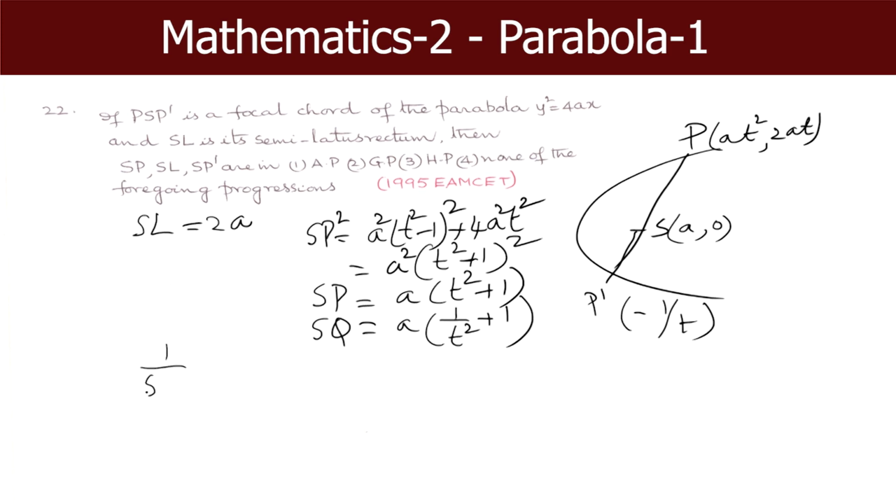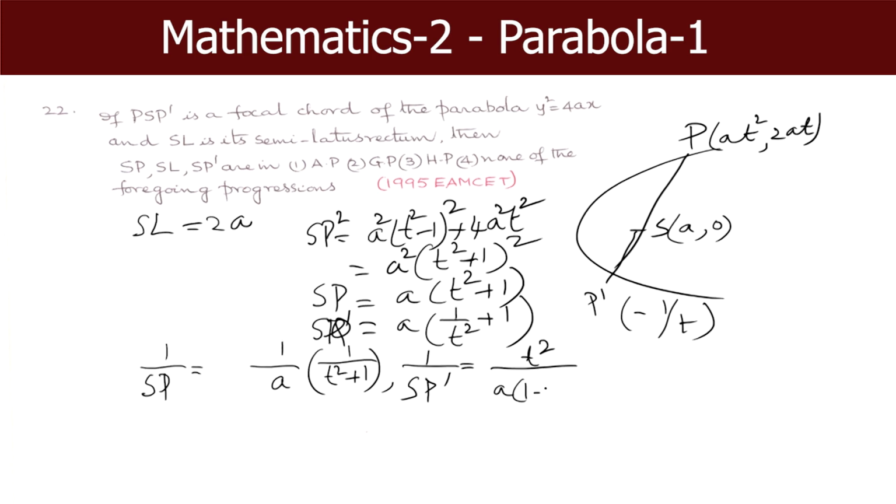1/SP ఈజ్ ఈక్వల్ టు 1/a ఇంటూ 1/(t² + 1). 1/SP', దిస్ ఈజ్ t²/a ఇంటూ (1 + t²). సో ఈ రెండు యాడ్ చేస్తే ఏమైంది? 1/SP + 1/SP' ఈక్వల్ టు 1/a కామన్ తీస్తే (1 + t²)/(1 + t²), 1/a అయింది. దట్ ఈజ్ ఈక్వల్ టు ట్వైస్ 1/SL, because 1/SL is 1/2a, so 1/a is twice 1/2a.